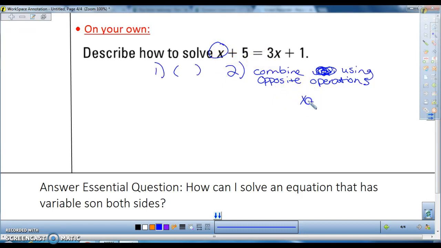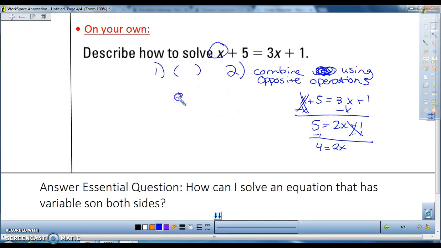Let me write this out for us. Take away an x, take away an x. Now we'll have 5 equals 3 minus 1 is 2. Okay, and then we'll also want to take away a 1, take away a 1, because we're doing the opposite. And 5 minus 1 is 4, 2x.